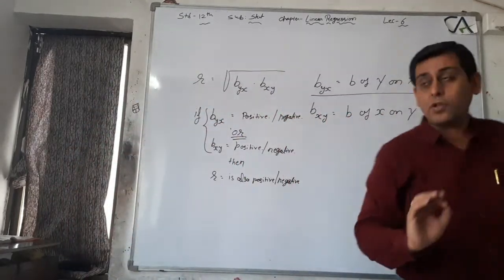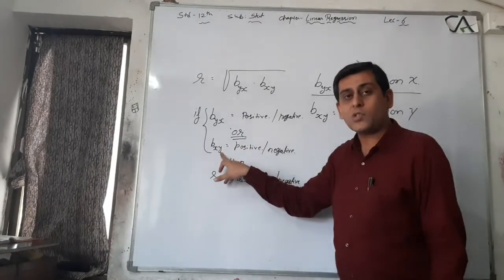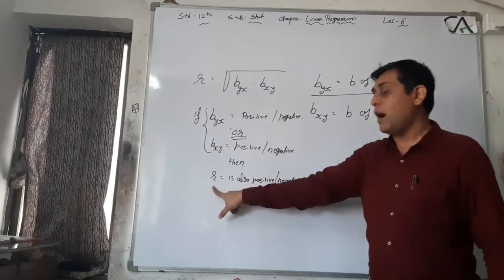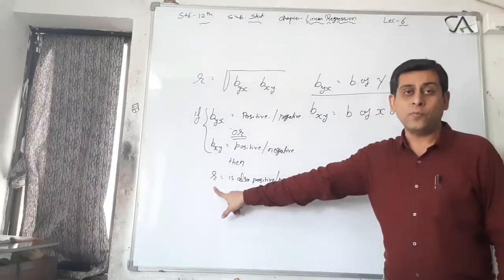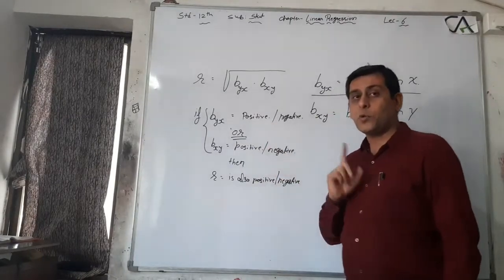That's why if Byx is negative, Bxy is also negative, and if both are negative, R is also negative, and vice versa. If they are positive, R is positive.